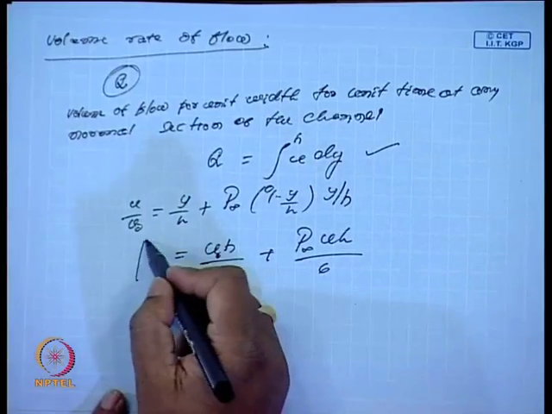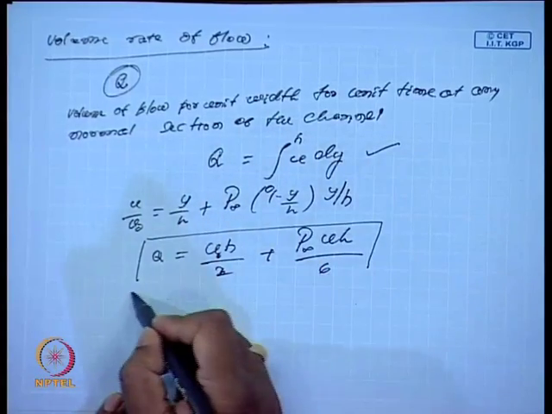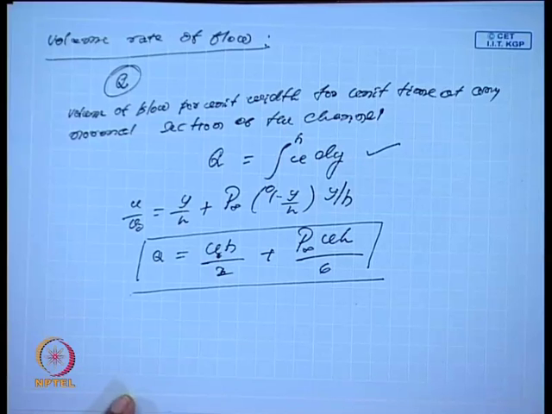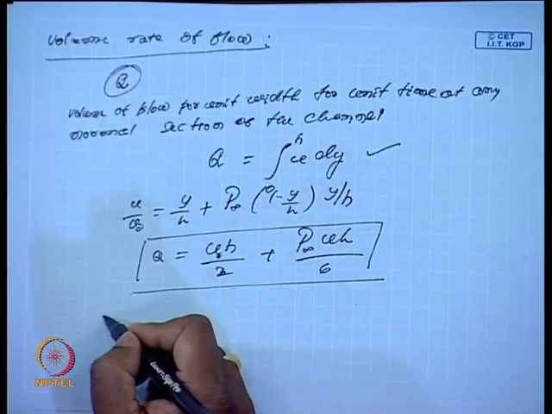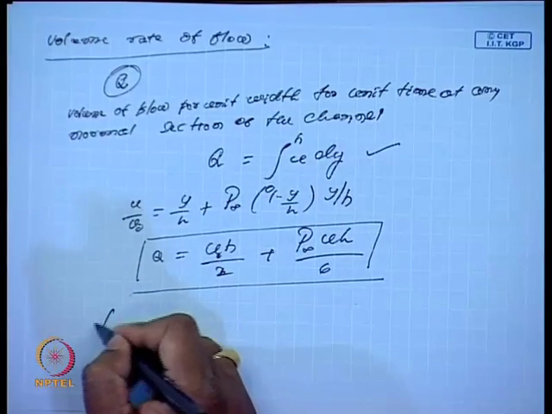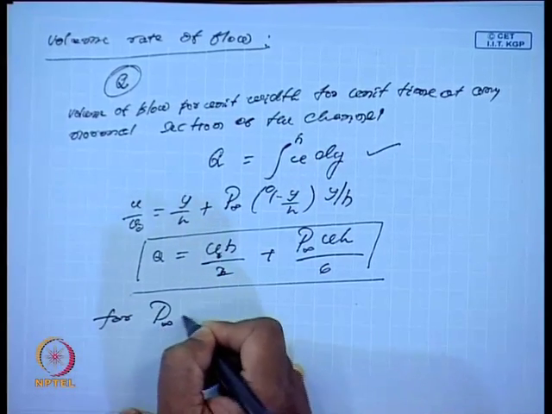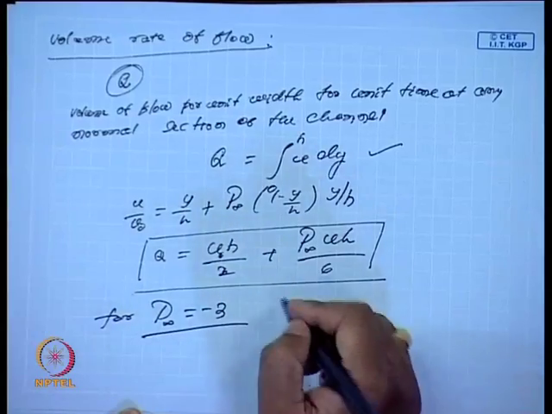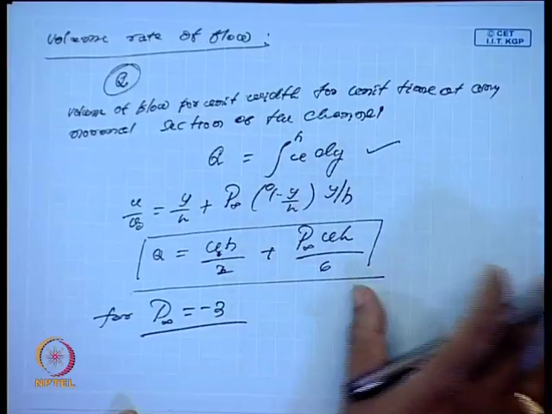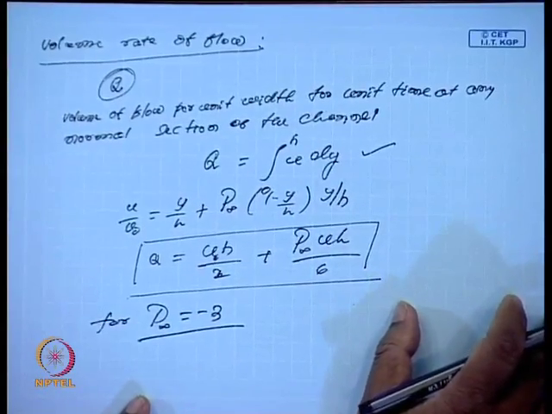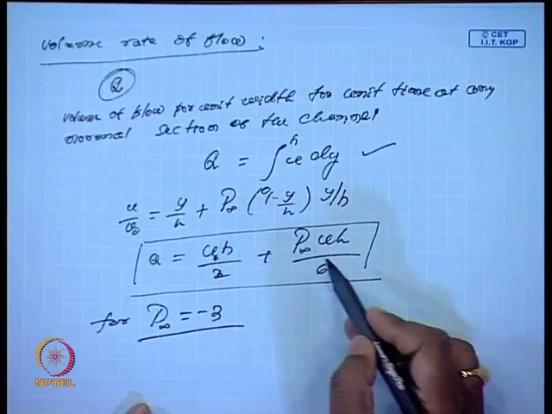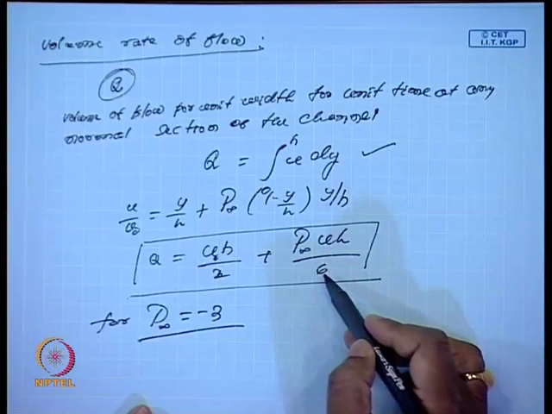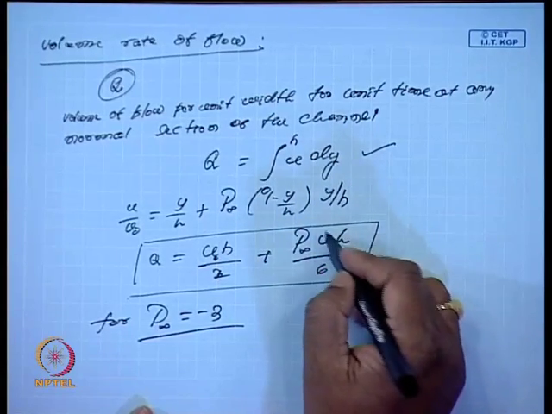This becomes the volume rate of flow per unit width, and it can be seen that p can be negative. So, you can easily see that for p infinity is minus 3, this is u naught h times minus 1 by 2.